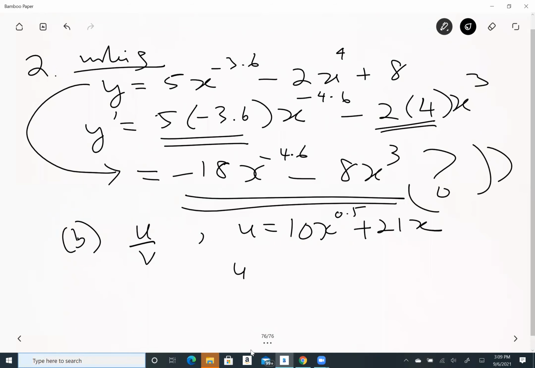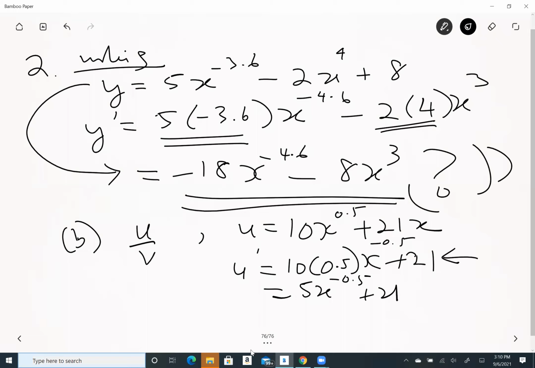Now what is U prime? U prime is 10 multiplied by 0.5 x to the power of negative 0.5, plus 21. Then only you write the form. Then you get 5 x to the power of negative 0.5 plus 21.